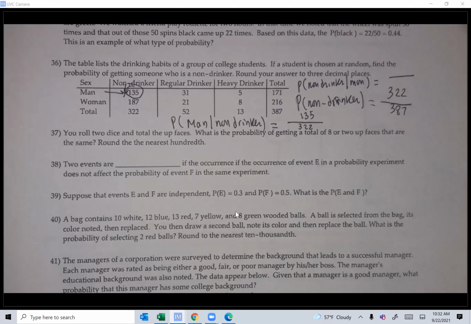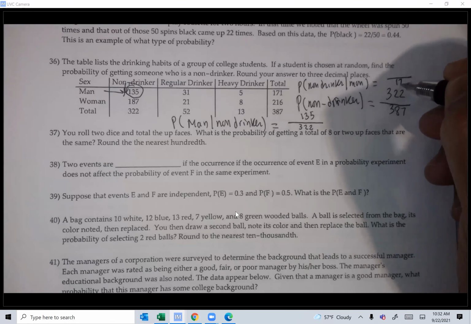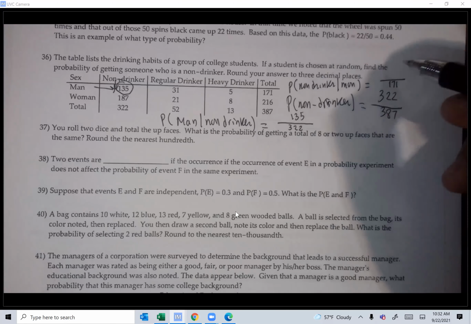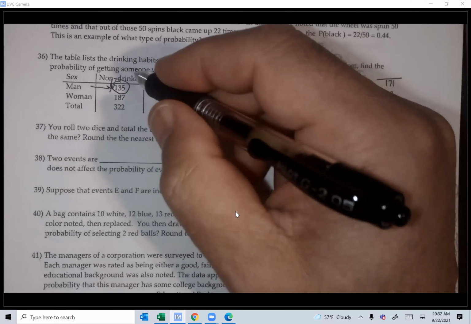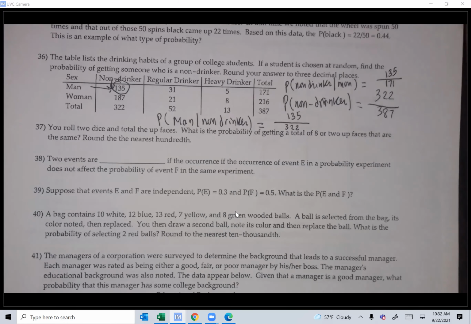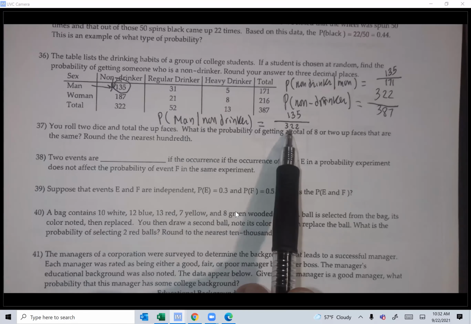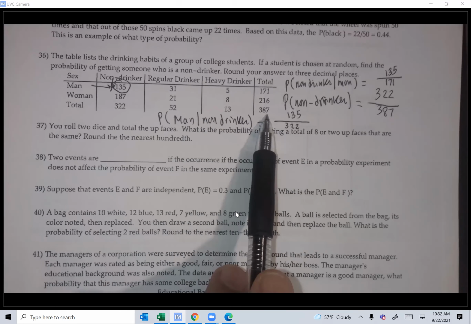So now your denominator is the group of men because we have to select from the group of all men, which is 171. But look, the numerator doesn't change, guys. Non-drinker and man, the intersection is still 135. So when you have the word given in the problem, remember what comes after given should be your new denominator, not the grand total, which is 387.